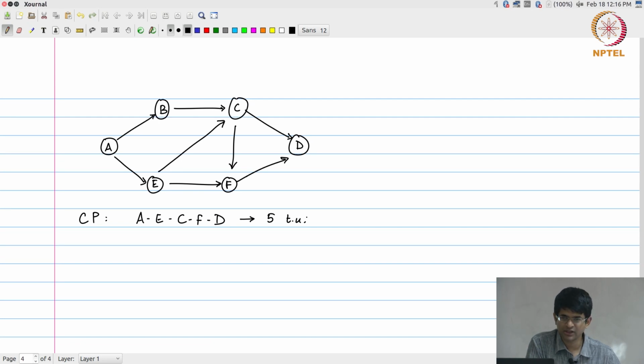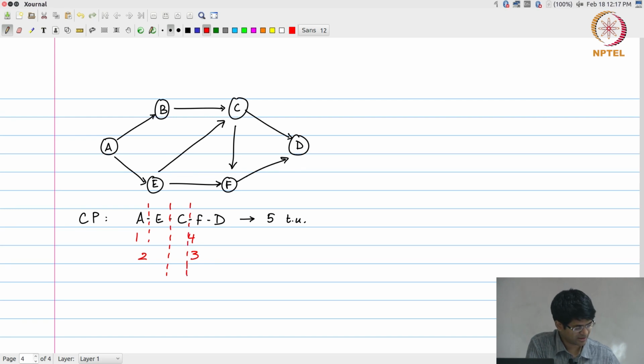In other words, in this particular case, if I break it between A and E, for example, will it help? No, that by itself will not bring down the critical path to 3 or below. In other words, if I was to put a break over here, then I would get 1 and 4, which is not really solving my problem. Okay. Instead, if I put a break here, I would get 2 over here and 3 on this side, which is one possibility.